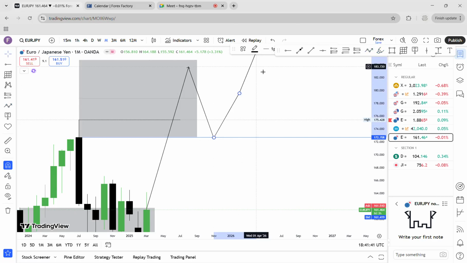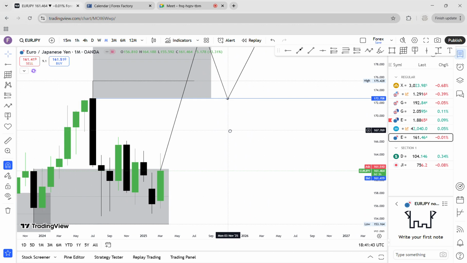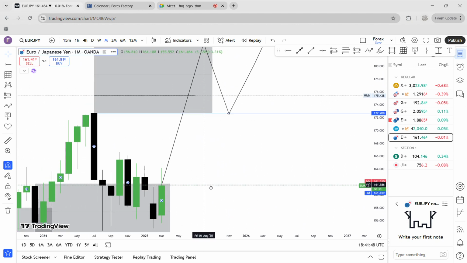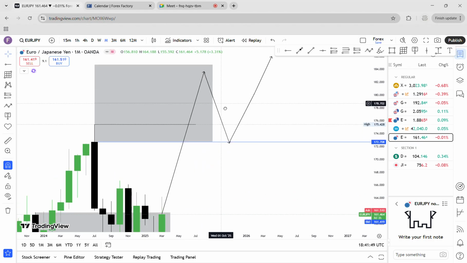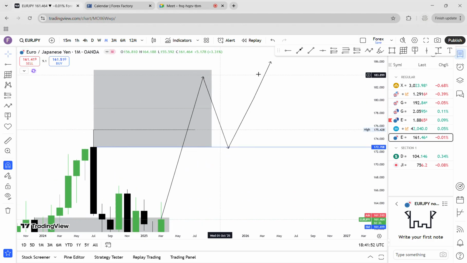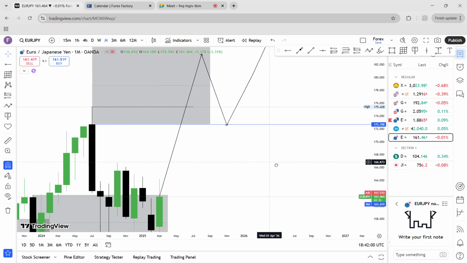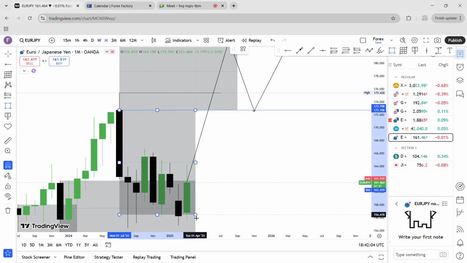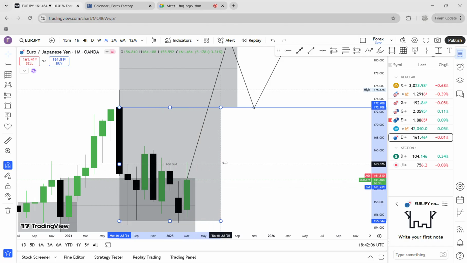This is how market offers fair prices, because sellers took this market down from here to here. So if buyers take this market back up and break this high, sellers will take it back to where they started pushing this market down before, just to balance their price action. So it will be like this.